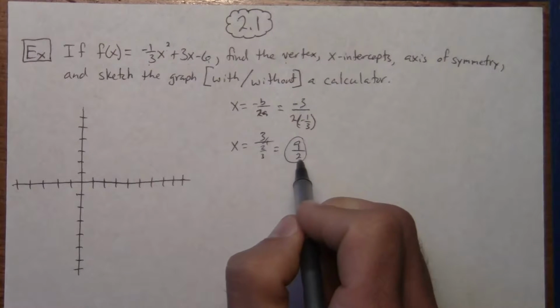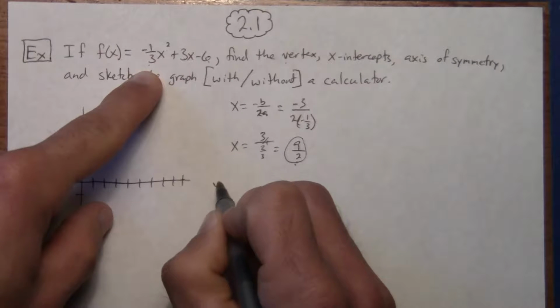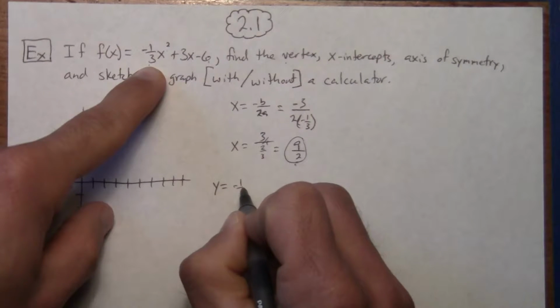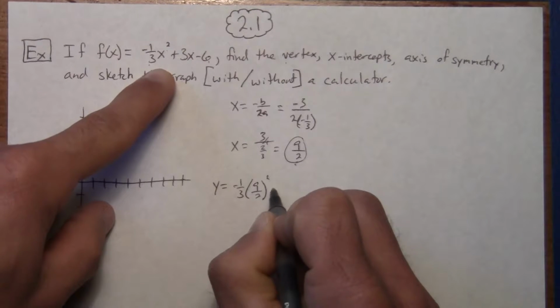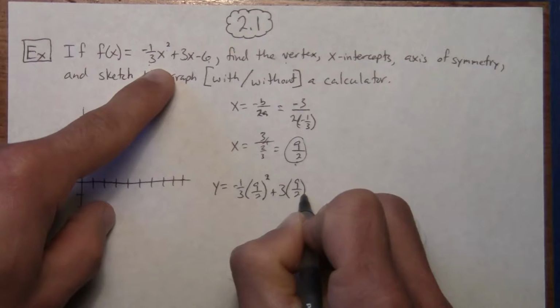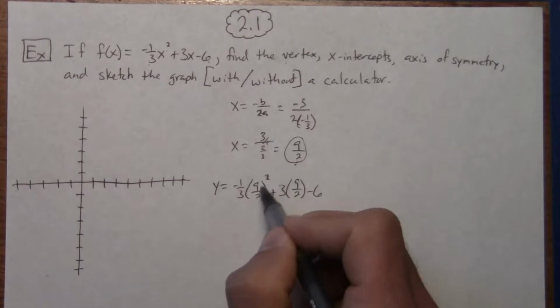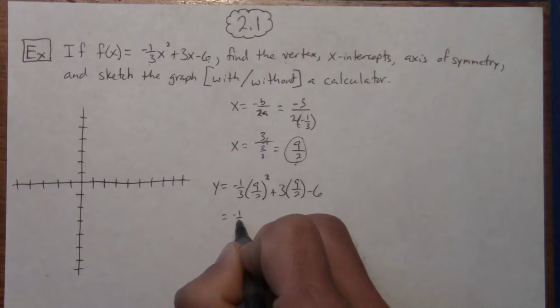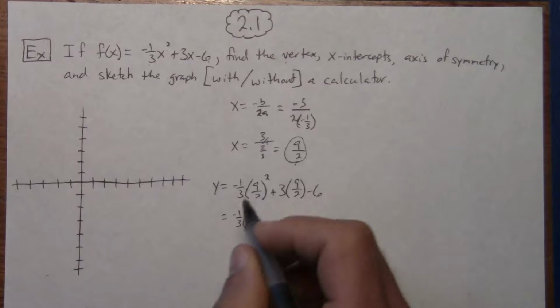Alright, now to get the y value of the vertex, I'm going to take this x value and plug it back into this equation. So y is equal to negative 1/3 times 9 over 2 squared plus 3 times 9 over 2 minus 6. Remember, you want to square first, so this is going to equal negative 1/3 times, this is a fraction, they're being multiplied or divided so you can square them individually.